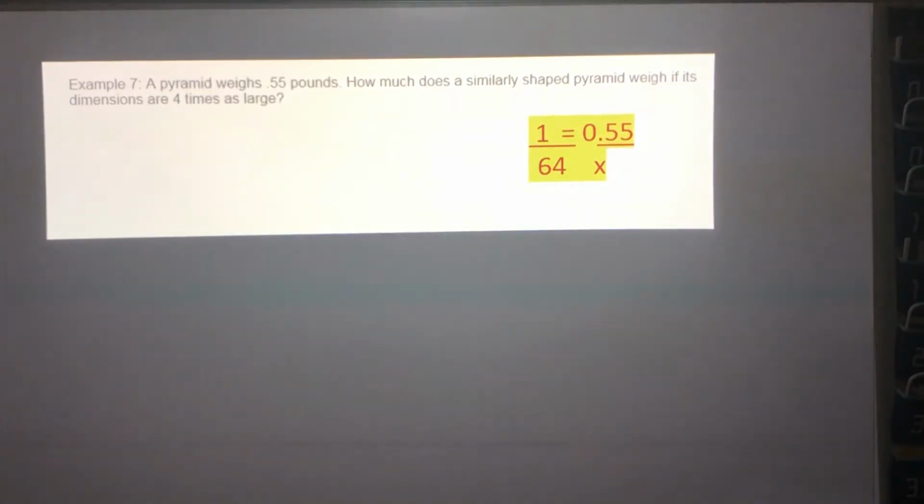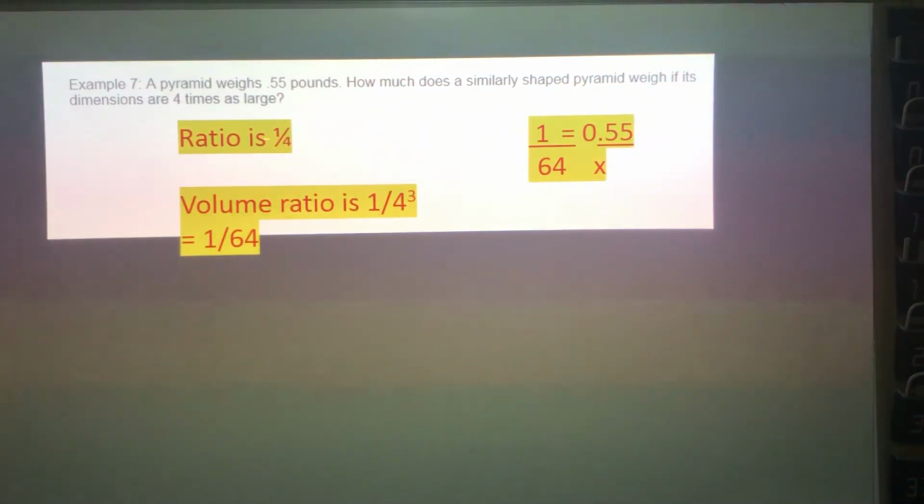All right, here's another one here. A pyramid weighs 0.55 pounds, so it's a very tiny one. How much does a similar shaped pyramid weigh if its dimensions are 4 times as large? Well, the ratio of the original to the new is 1 to 4. So the volume ratio will be 1 cubed over 4 cubed, which is 1 over 64.